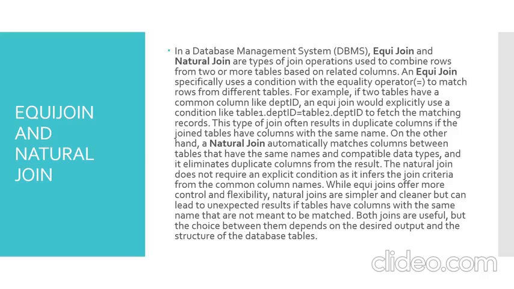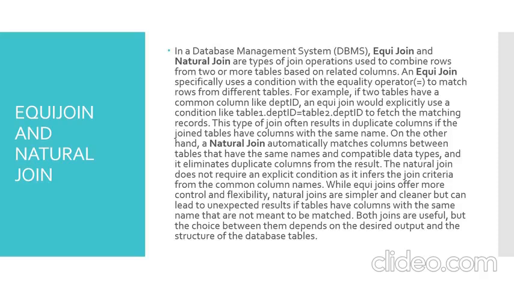Unlike equijoin, natural join removes whatever duplicate columns are present because of the same names. The natural join does not require any explicit condition as it infers the join criteria from common column names. So it will join any common column with the same name by making it a single column.